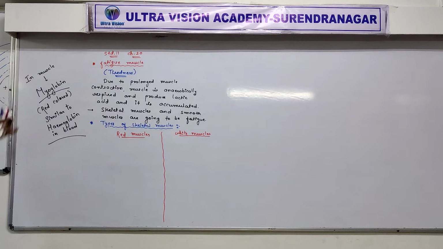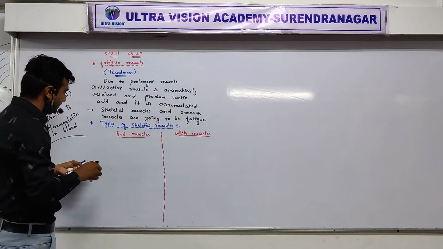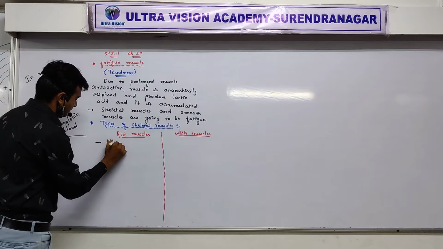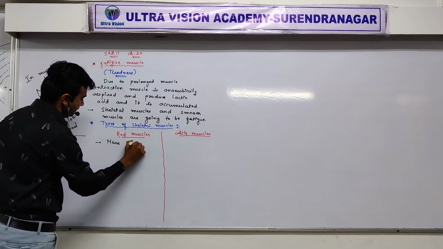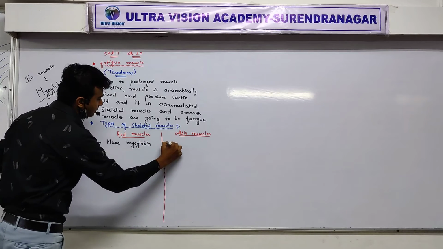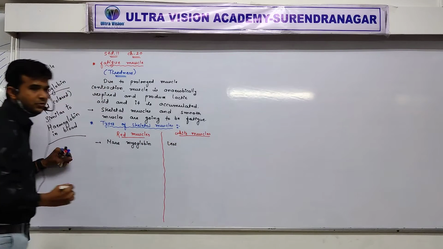So according to the amount of myoglobin, there are two types of muscles, red muscles and white muscles. So red muscles have more myoglobin, white muscles have less myoglobin.